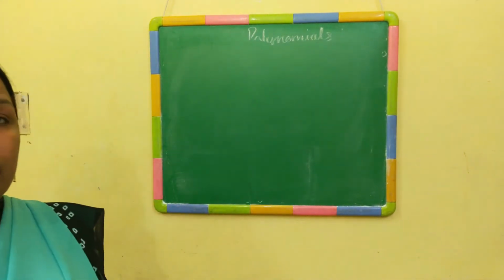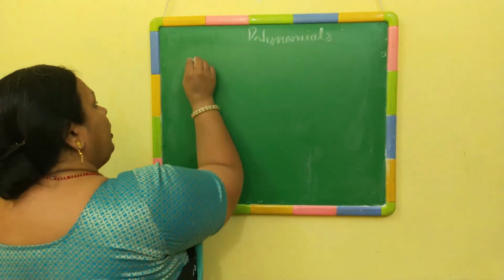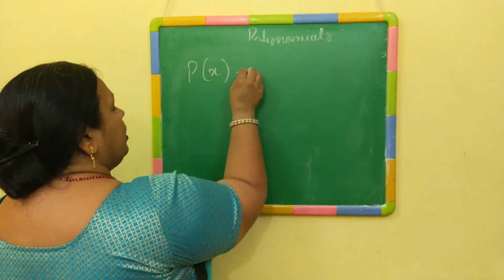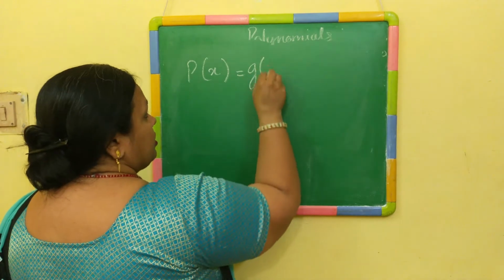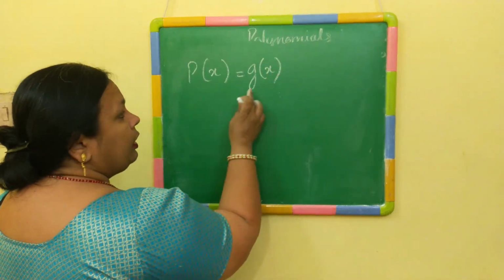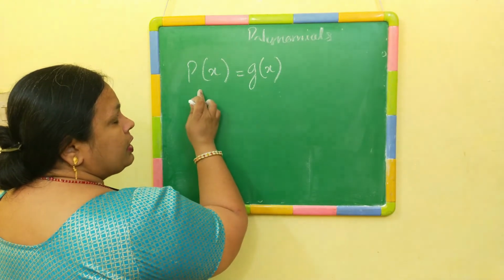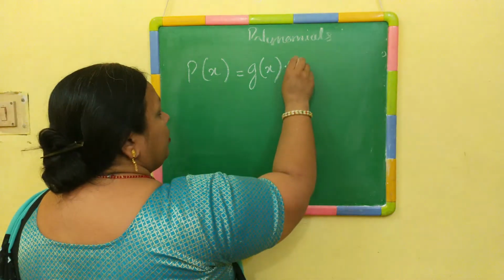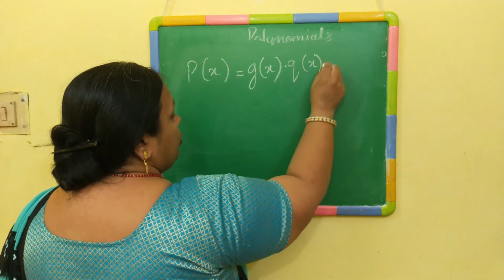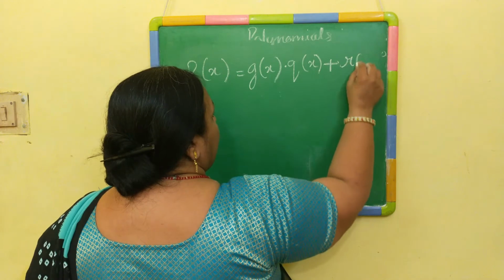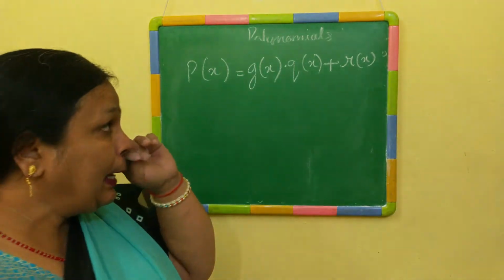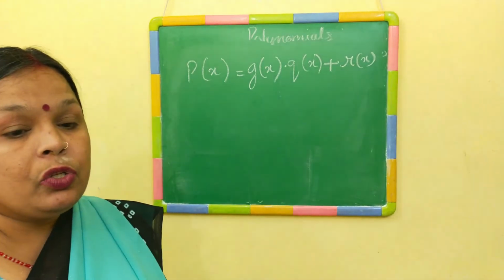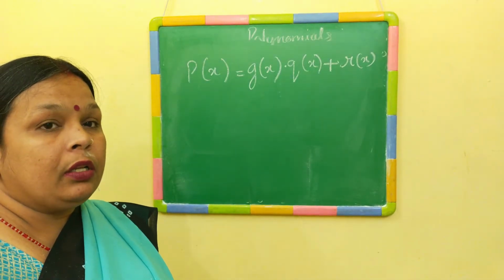The remainder theorem says that if p(x) is a polynomial and it is divided by g(x), definitely the degree of g(x) should be less than p(x), and this will be multiplied by q(x), the quotient, and r(x) as the remainder. Clear? So we'll be stating it in statement form.